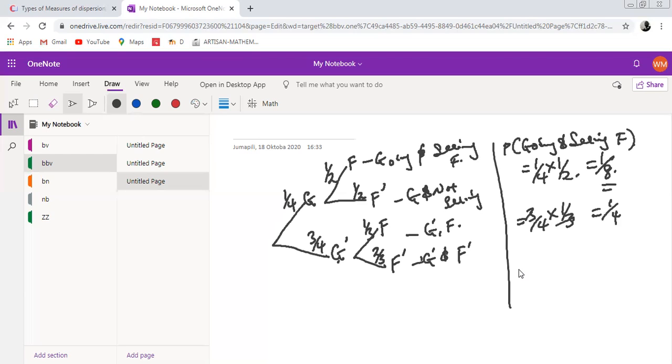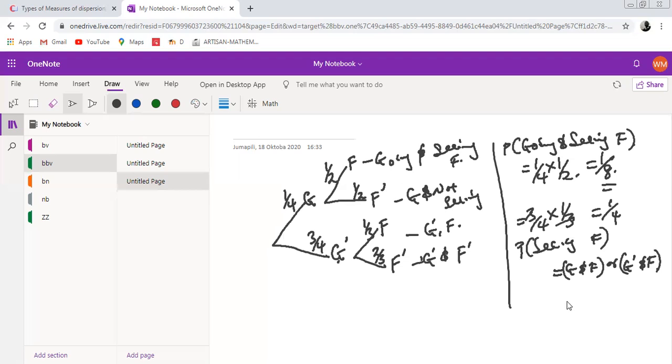Part C, Omweri will see a flamingo. Omweri will see a flamingo is actually going to be of two options, either going to Nakuru and seeing, or not going to Nakuru and seeing the flamingo. The probability of seeing flamingo would be equal to going and seeing the flamingo, or not going and seeing the flamingo.